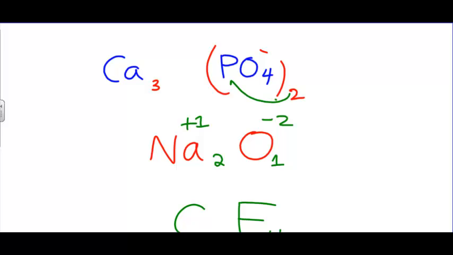So this 2 would get distributed to everybody inside the parentheses. So if I'm counting P's, this is 2 P's and 8 O's. You distribute this, so 2 times 4. So the subscript only goes to the things inside the parentheses. If there are no parentheses, it only goes to that individual element.